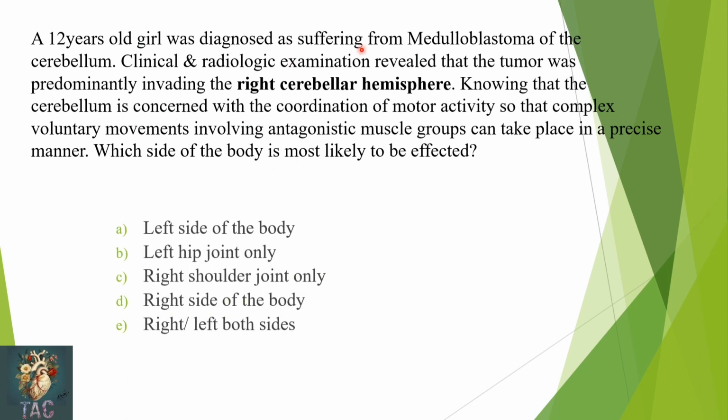This is a long scenario, but easy to understand: the right cerebellar hemisphere is affected, and as we all know, the cerebellar pathways are ipsilateral. Both the anterior and posterior spinocerebellar pathways are ipsilateral, so there will be a lesion on the right side of the body, and option D is the correct option.